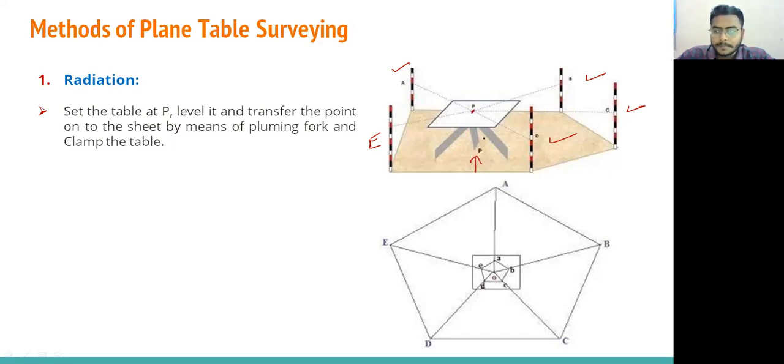Now through the alidade we sight A and mark a small a. This small a represents station A, and the line ap represents the actual distance AP on the ground.